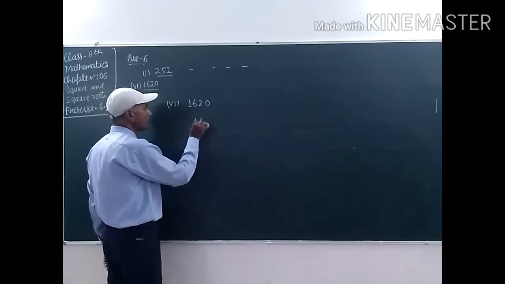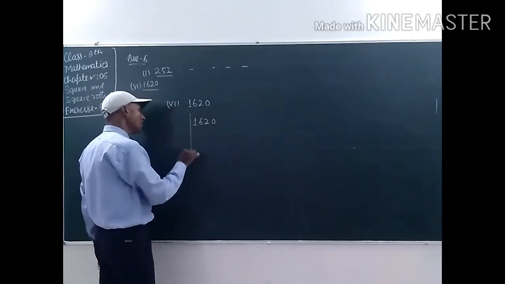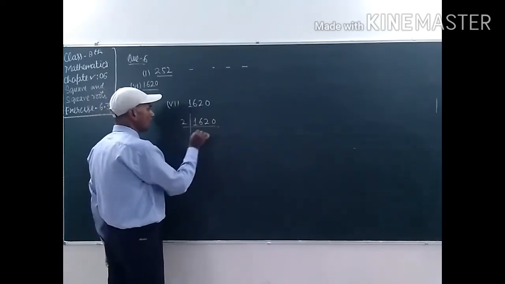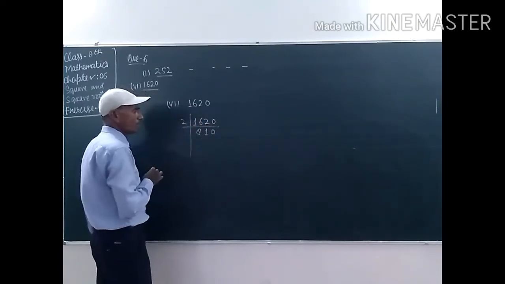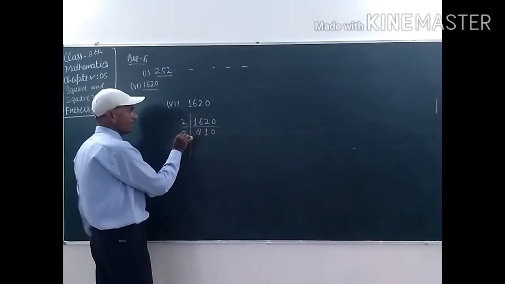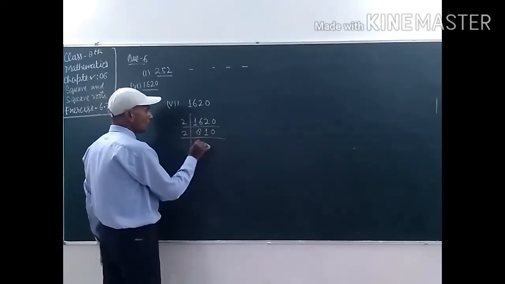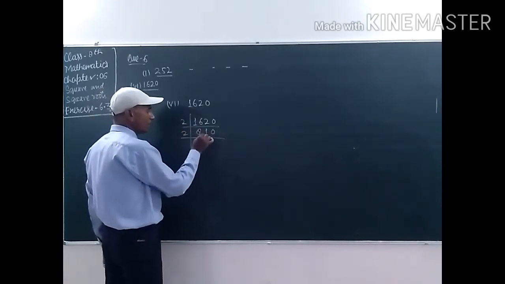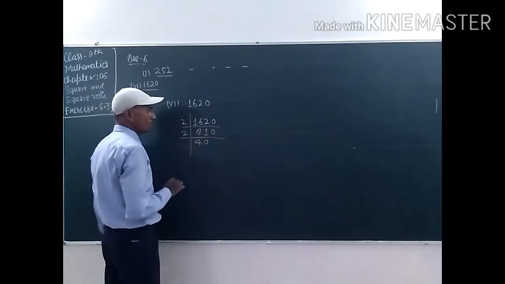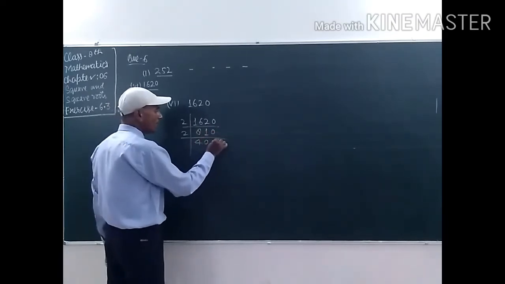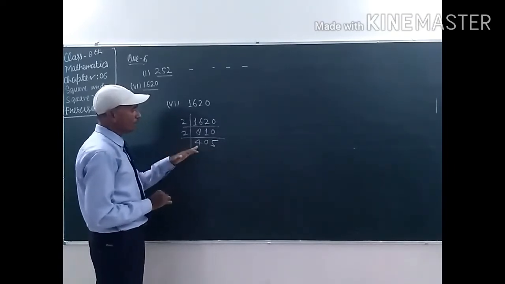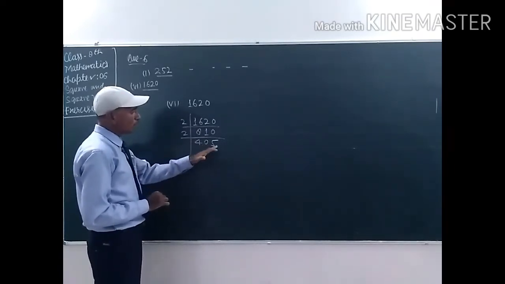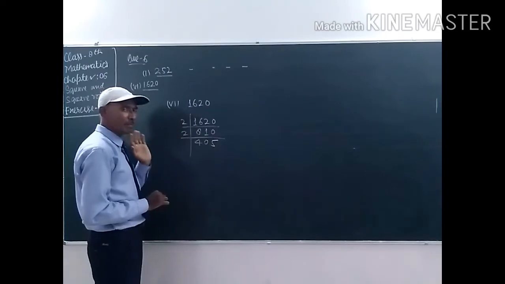This one 1620 divided by 2 gives 810. Again by 2 gives 405. Clear student? This one 405 is not divisible by 2.